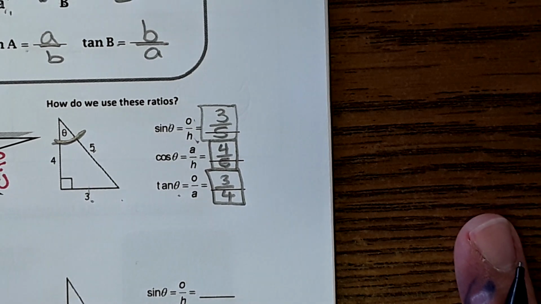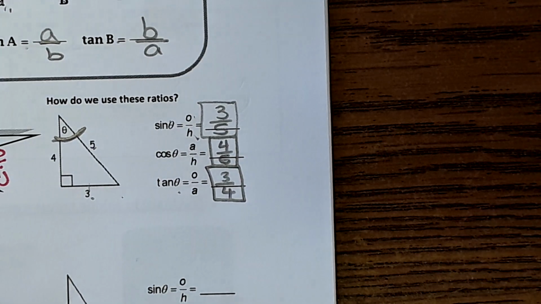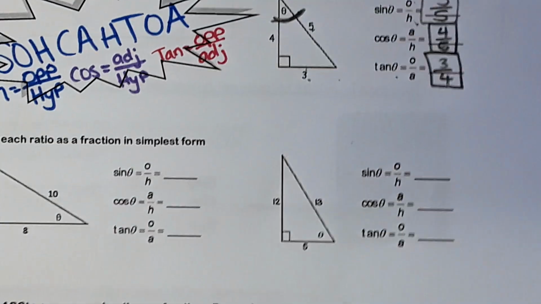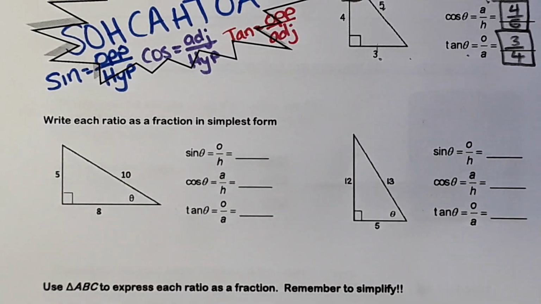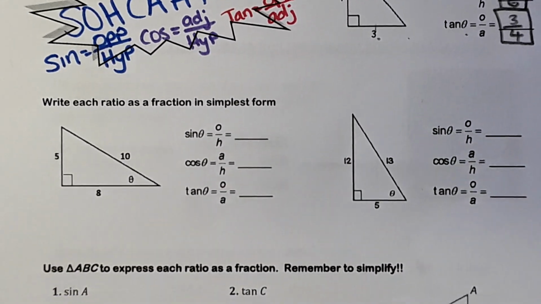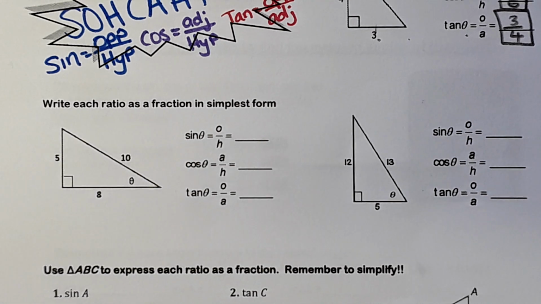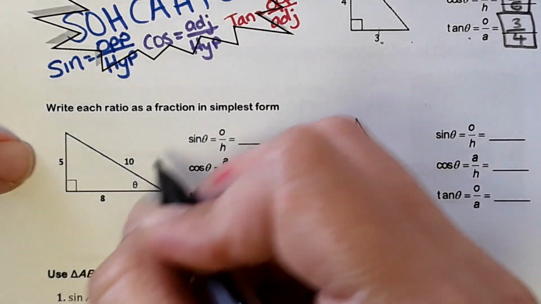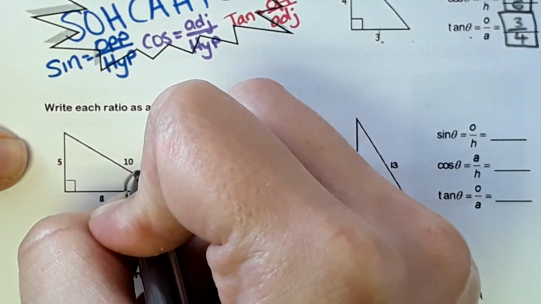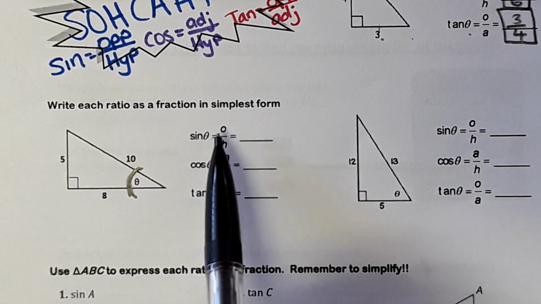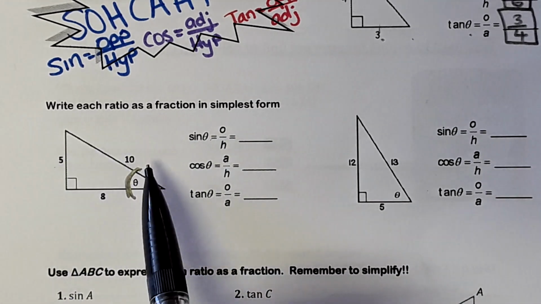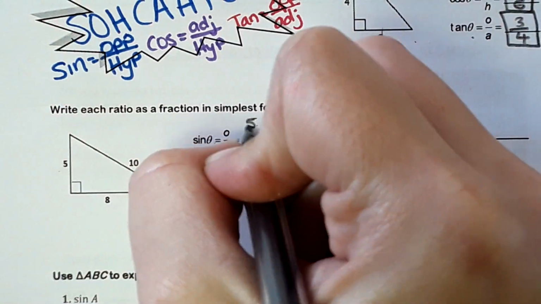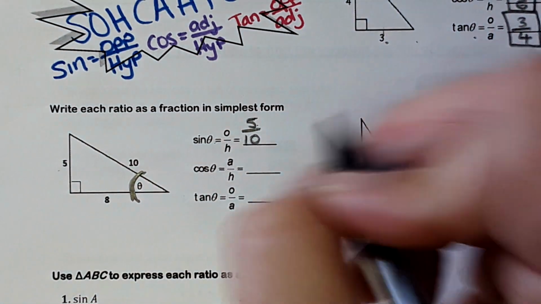Okay, next. Good. Okay, over here, write each ratio as a fraction in simplest form. We're doing the same exact thing here. If you feel comfortable and want to try it on your own, you're welcome to. Sine of theta is opposite over hypotenuse, 5/10. It does say to simplify.